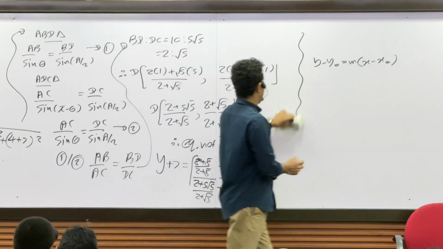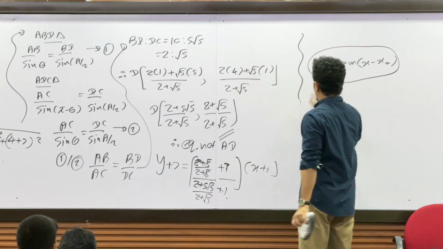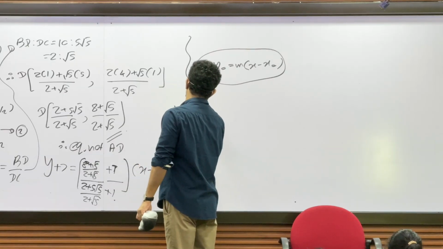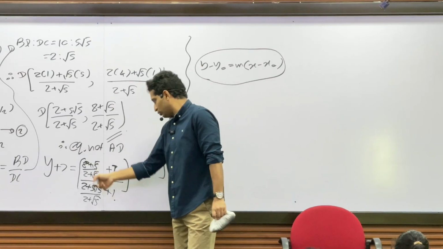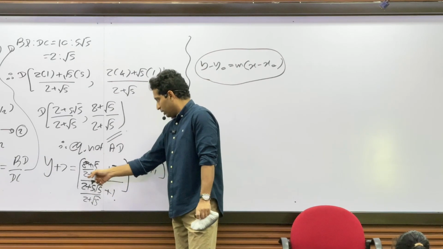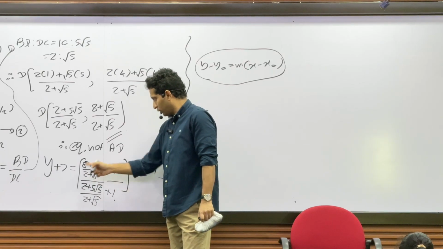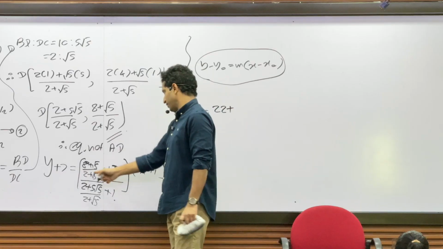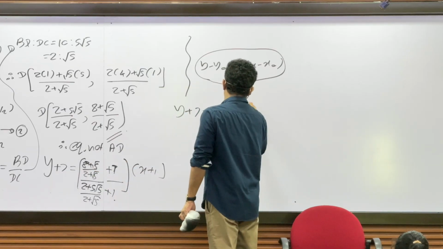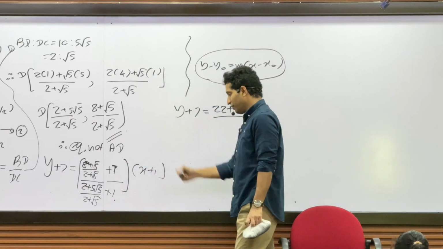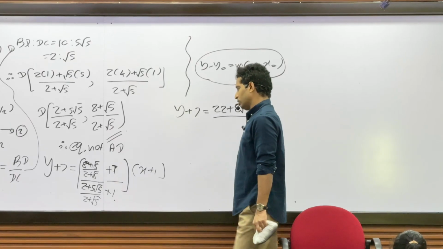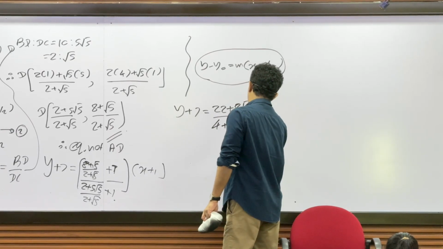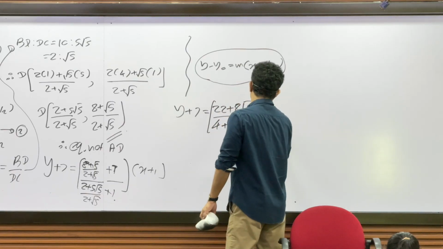When you simplify this one, you will get the answer. See, y plus 7 equals, when you take the common denominator, 2 into 7, 14, 14 plus 8, 22. 22 plus 7 plus 8 root 5 divided by, here you will get 2 plus 2, 4, 4 plus 6 root 5, times x plus 1.